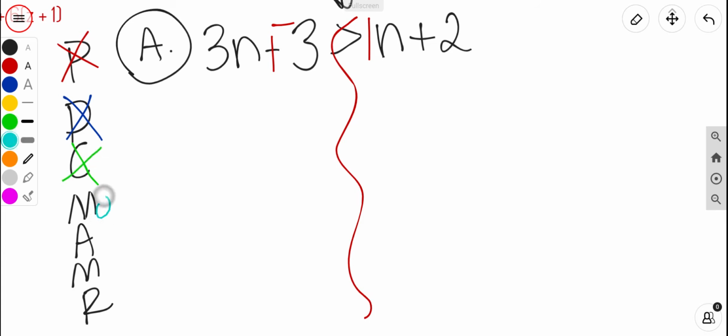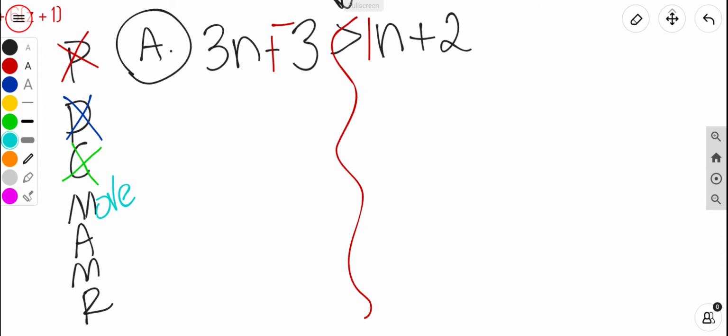Next step is move variables. Now we only move variables when we have a variable on both sides. Do we have a variable on both sides? Heck yeah, we do. We've got a 3n and a 1n. So we always move the smaller one. So which one am I moving and how do I move it?